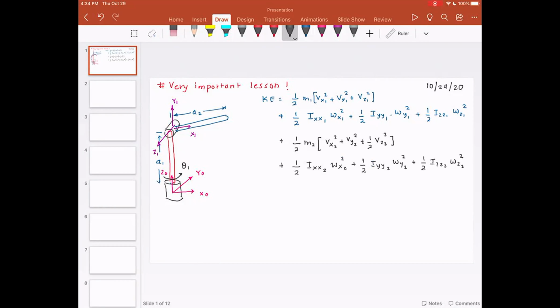Then we had the expression for the potential energy. Potential energy is m1 g pz1 plus m2 g pz2. G is constant.